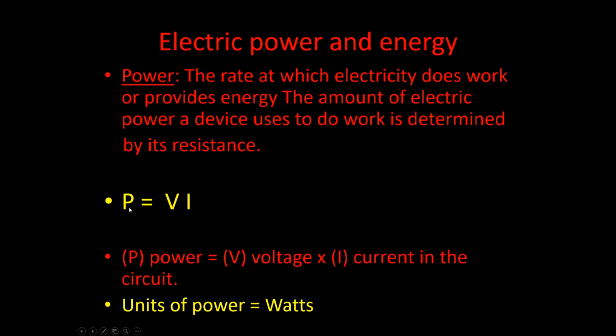And if you cast your mind back to Physics 1 and think about power in terms of a mechanics definition, power was defined as a joule per second, which is a watt. So a 40-watt light bulb is essentially consuming 40 joules of energy every second.